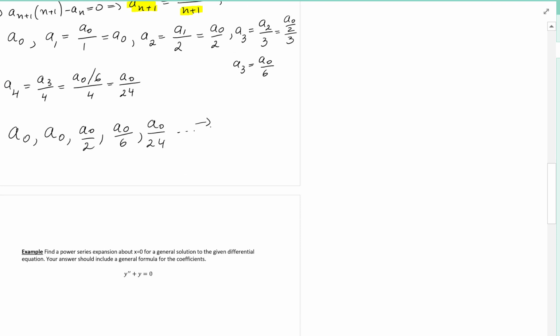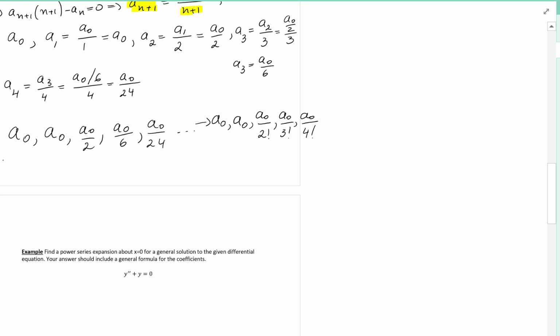So you would stop here if you had to do this in my MATLAB, but we can discuss a little bit more. So the first term is a naught, the second term is a naught, and the third term is a naught over 2. A naught over 6 can be written as a naught over 3 factorial, and a naught over 24 is a naught over 4 factorial. So I kind of notice a pattern and I can figure out the next terms.